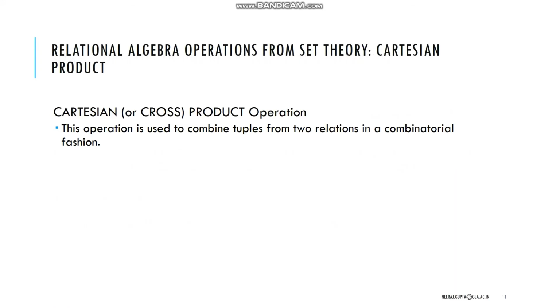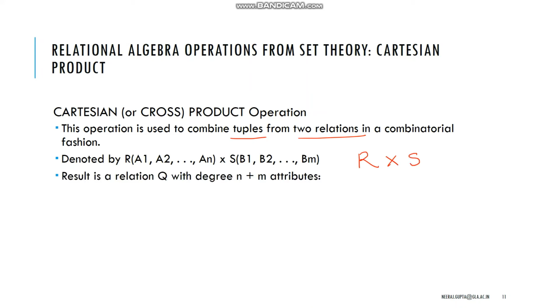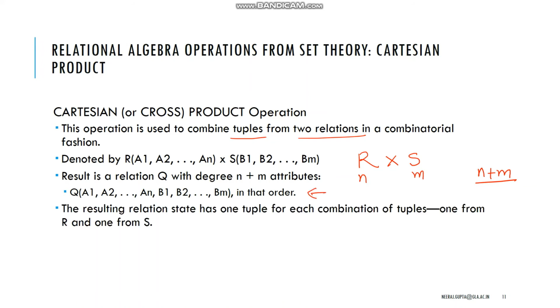Next is Cartesian, which is a cross product. This operation combines the tuples of two relations. It is represented this way, R cross S, and the degree is the number of attributes of R plus the number of attributes of S, that is N plus M attributes, in this order.